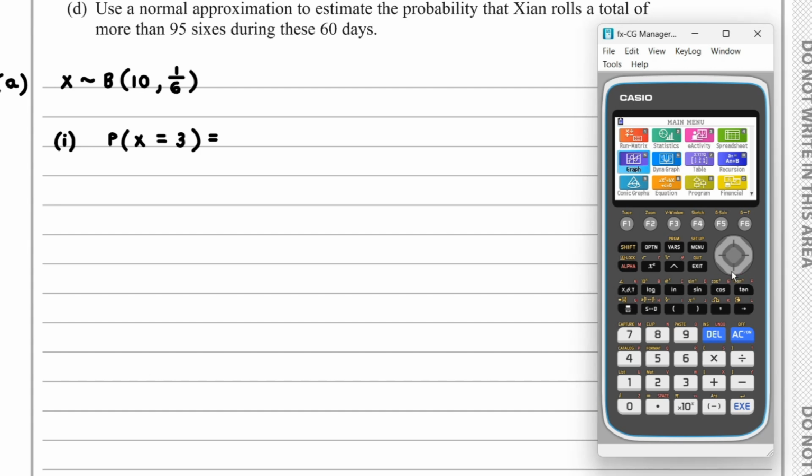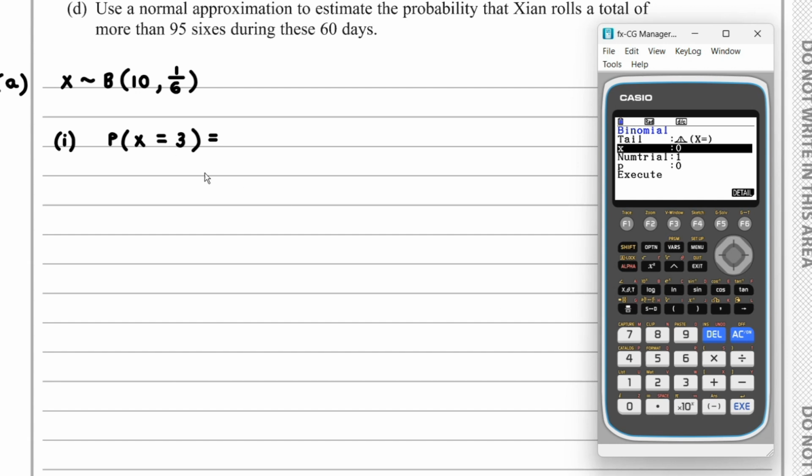well, from our calculator, if we go to the distribution sub-menu, we have a binomial distribution. Press F4 so we have an x equals.